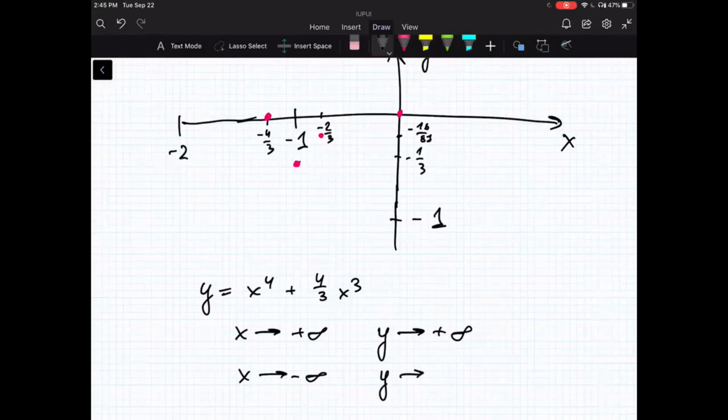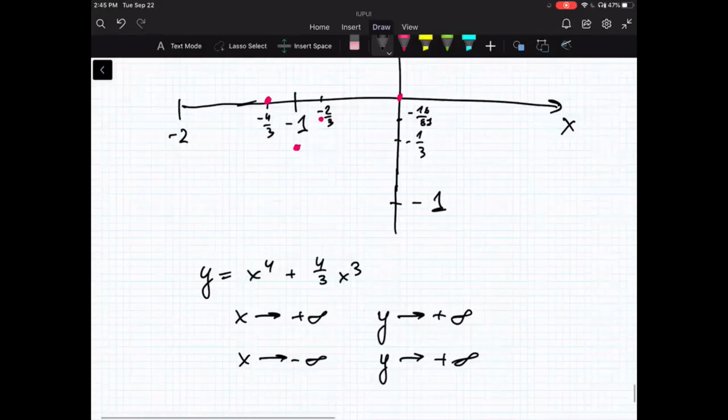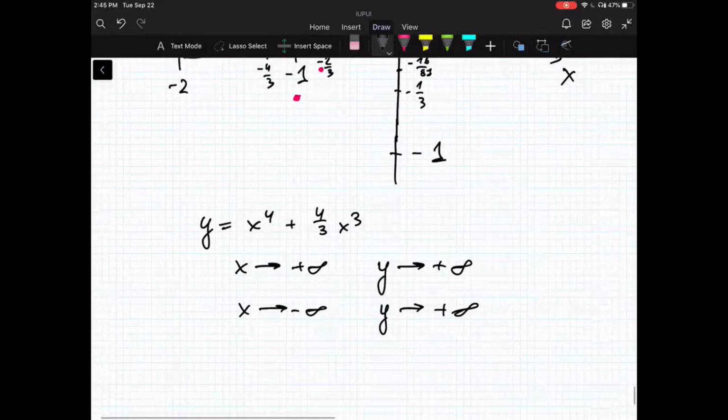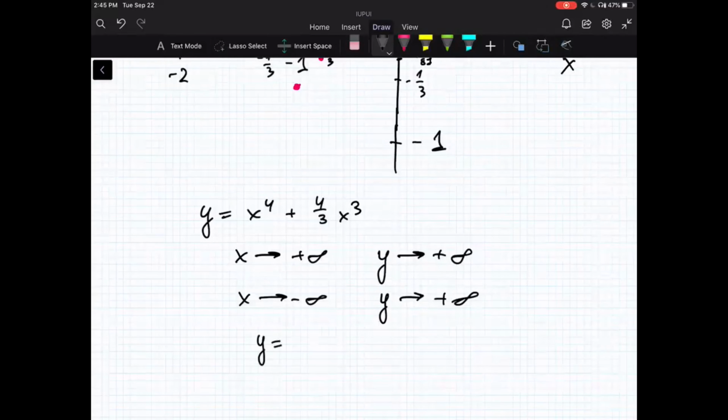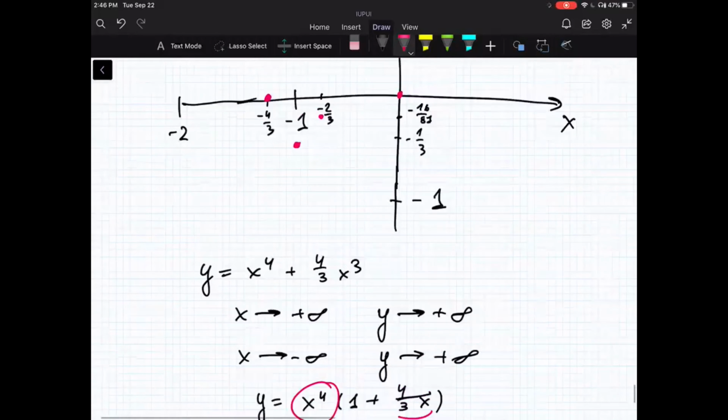So at minus infinity, y will still go to plus infinity. Again, you can show it by factoring out x to the power 4, and then you'll have 1 plus 4/(3x). At both infinities this goes to 0, so the behavior depends on the leading term x to the power 4.